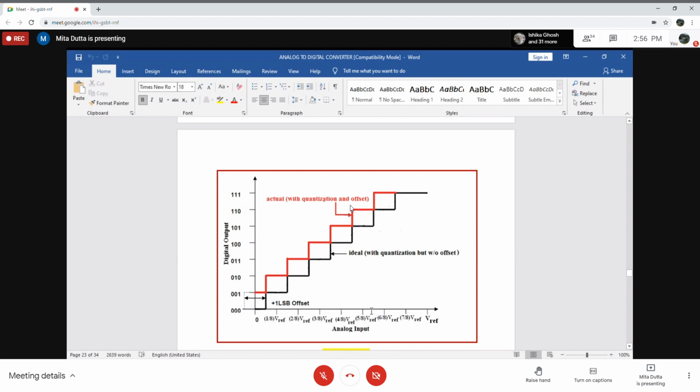That means the digital output will reach its final value when the analog voltage has not reached its actual value, which is 6.5 LSB. Clear?